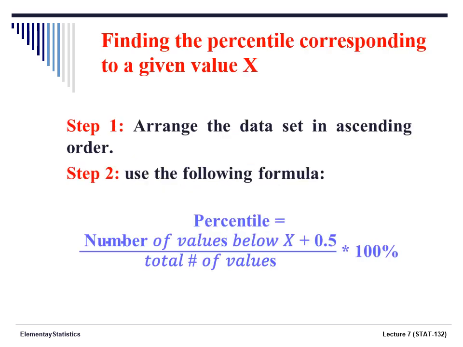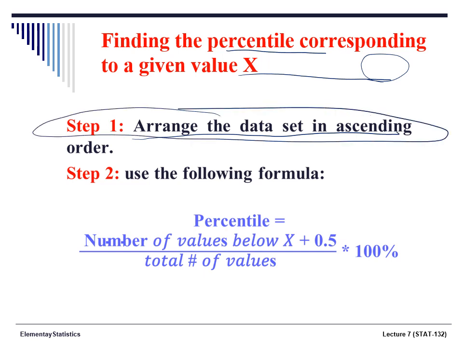Okay, how can we find the percentile corresponding to a given value? Assume a data value, we pick the data value from the data, and then we ask which percentile X is in. First you arrange the data. You always arrange the data in ascending order.